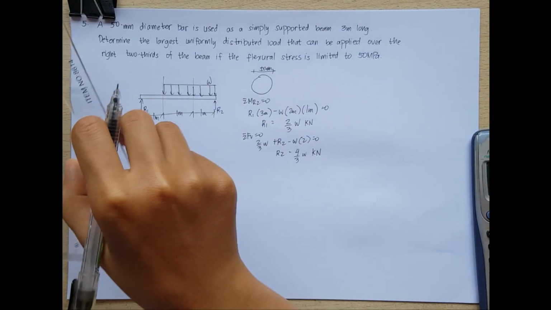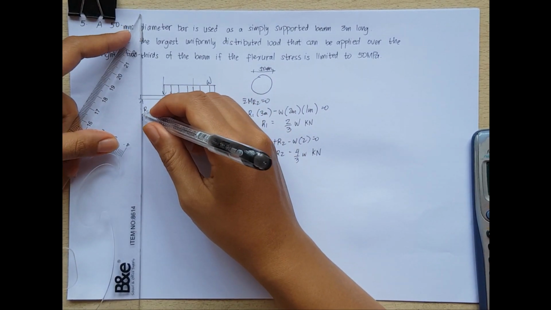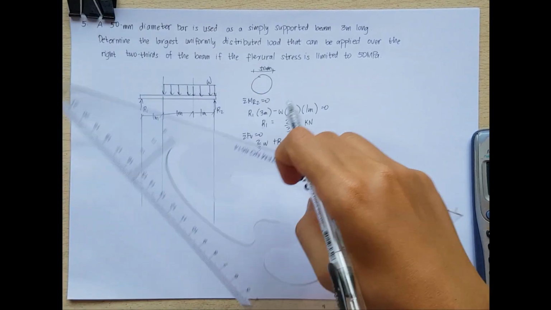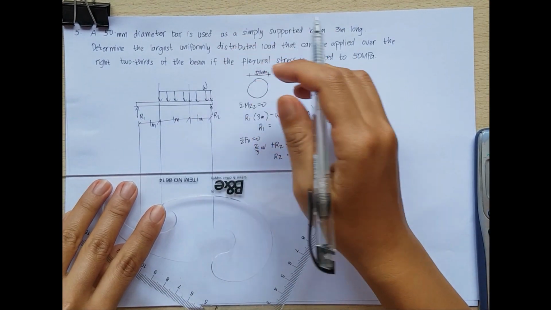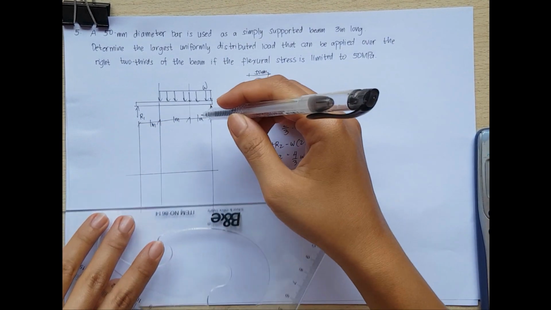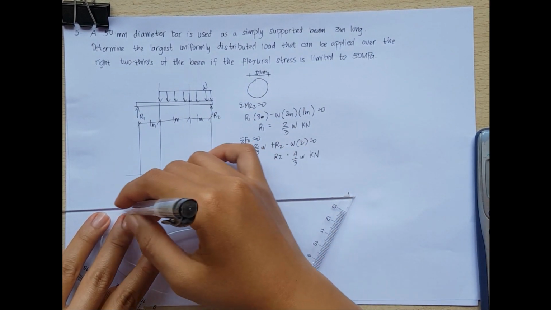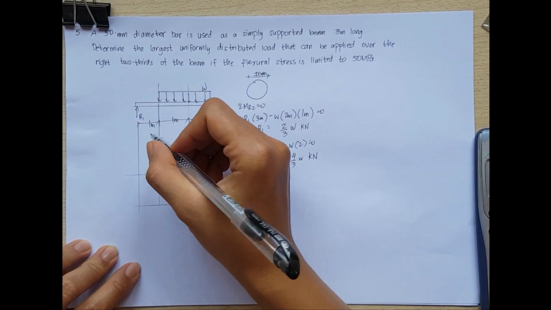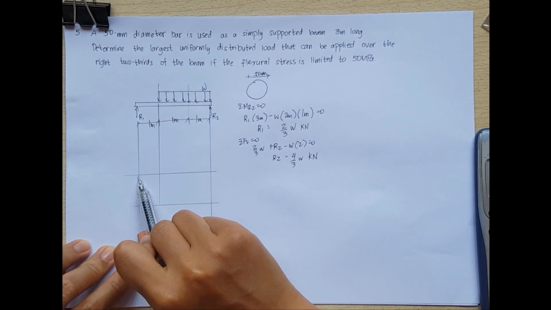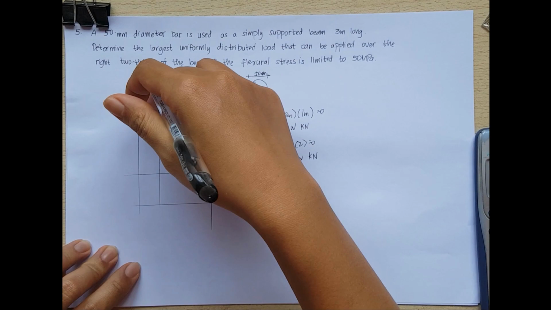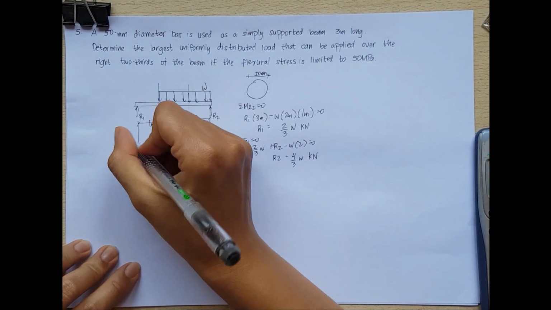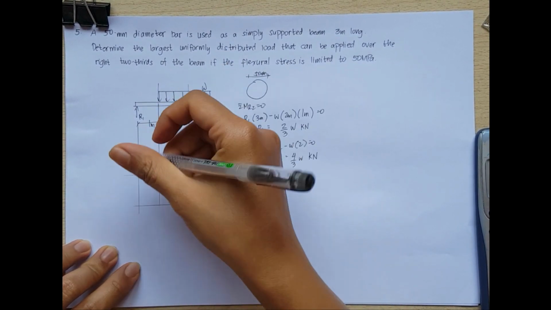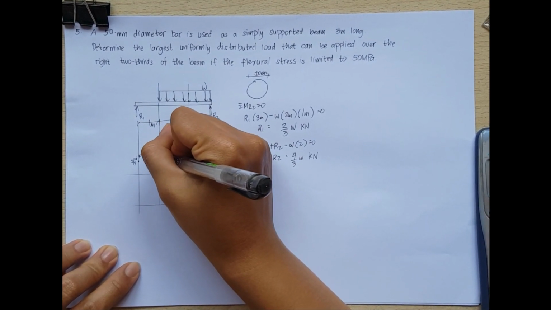So we will draw now the shear and moment diagram. So do we have a load here? We have, which is 2/3 of W. So 2/3 of W kilonewton. We do not have area, so retain siya.